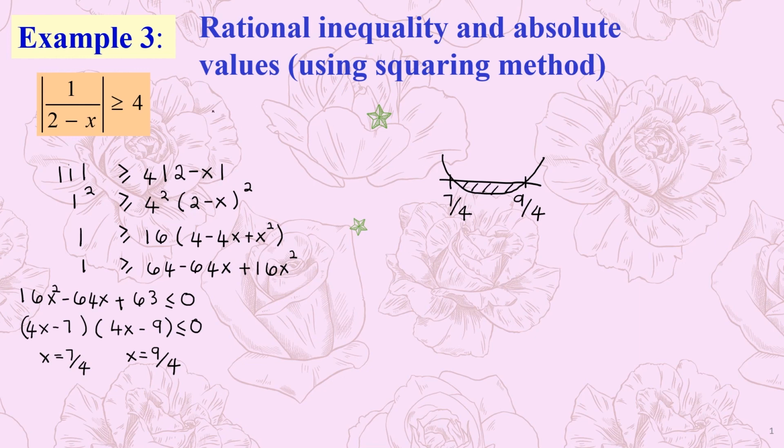Okay, bear in mind that our question is rational function where x never ever can be 2. Because when you're dividing with 0, the function will be undefined. Okay, so since 2 is located in between 7 over 4 and 9 over 4, therefore our answer has to stop at 2.